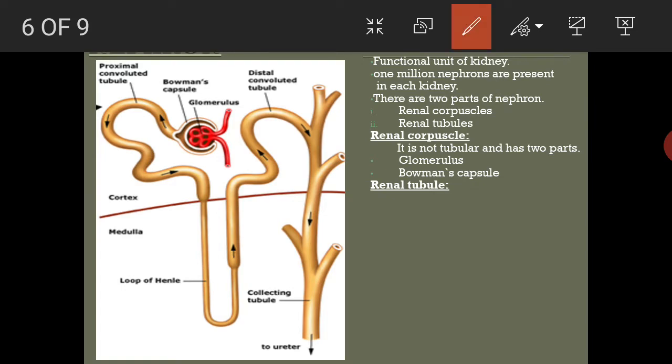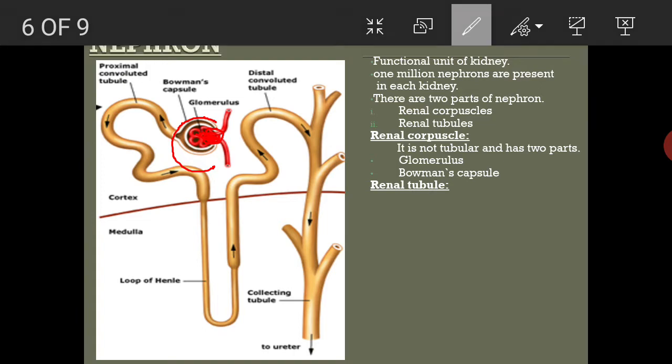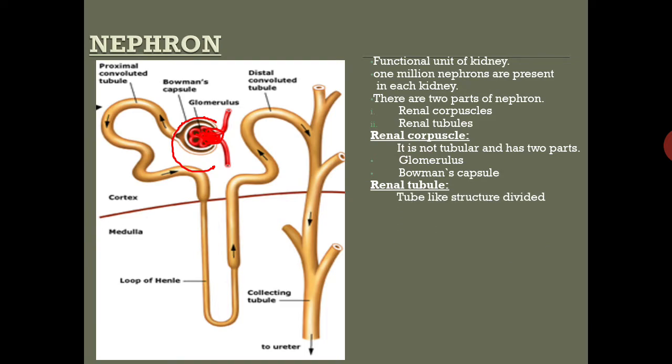This is the glomerulus in red color, you can see. It is a network of capillaries, and surrounding it is the cup-shaped structure called the Bowman capsule. The renal tubule is a tube-like structure.